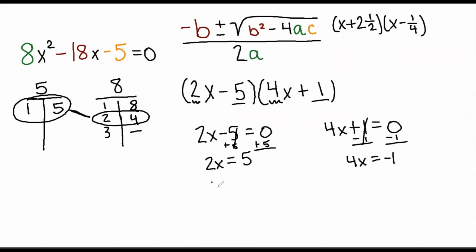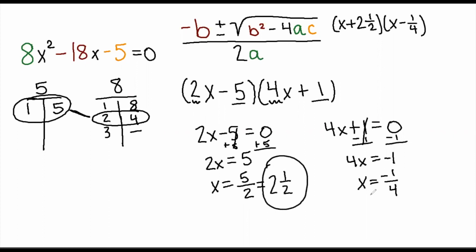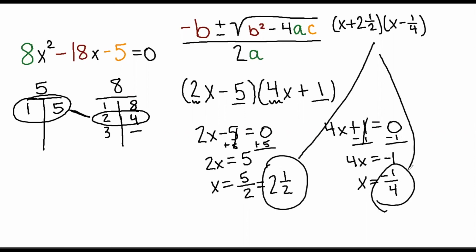Now we divide. So our x equals 5 over 2, and this x equals negative 1 over 4. So when we put 5 over 2 into a mixed number, that gives us 2.5. And now x equals the same numbers as it did here.